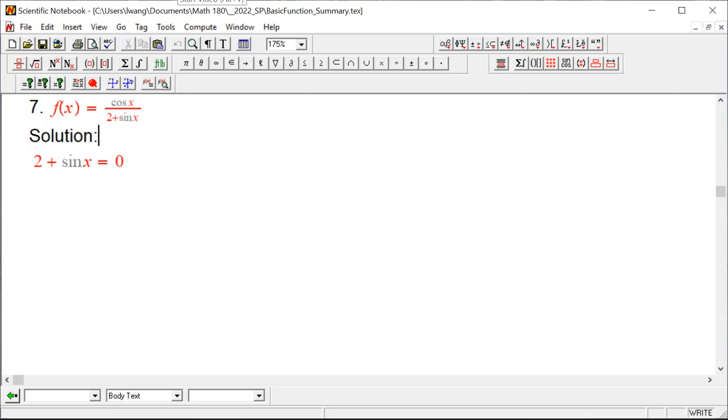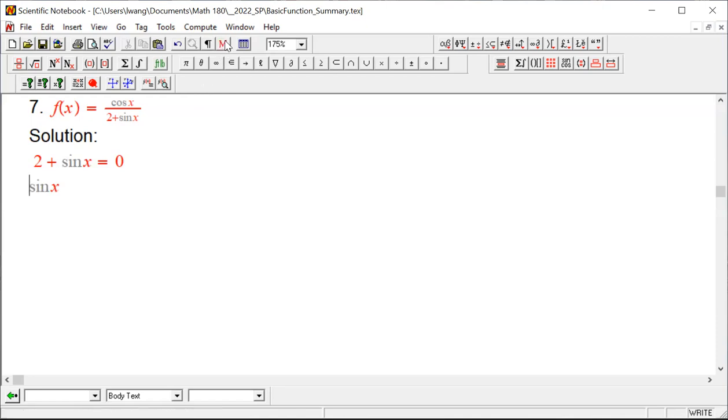Right? Any number that makes the denominator equal to 0 will be excluded from the domain. So what are those numbers? This is the moment we get to use the range for sine x.